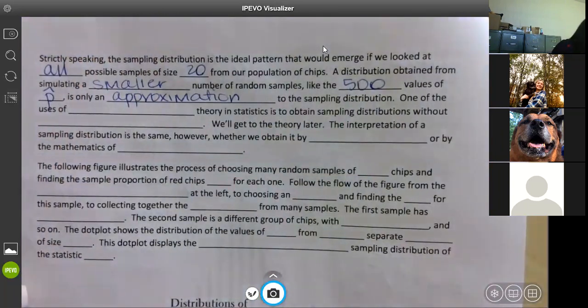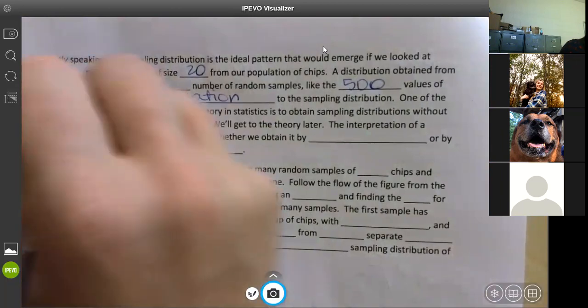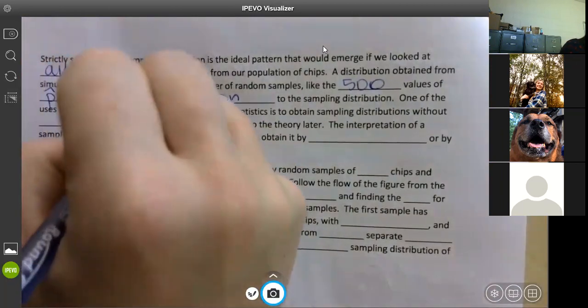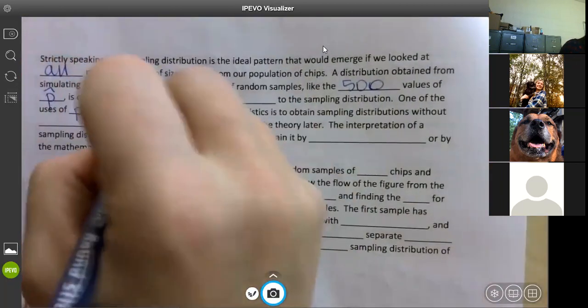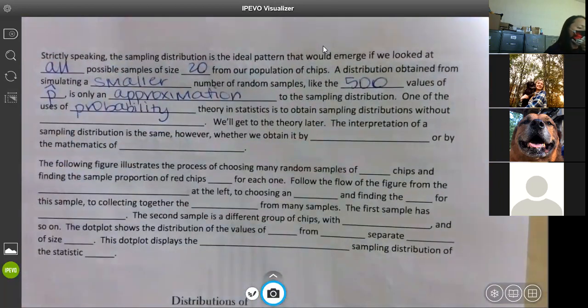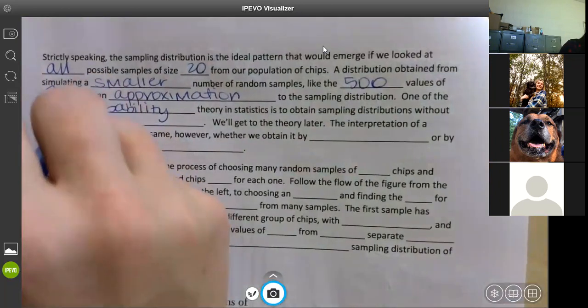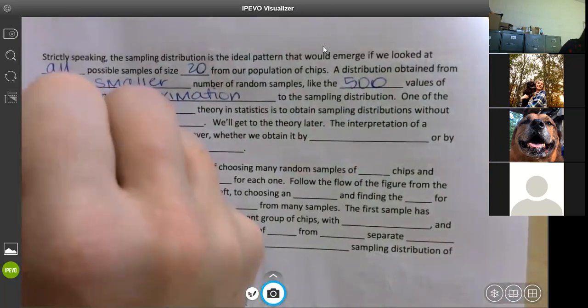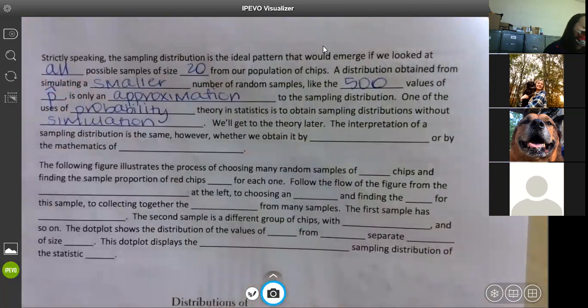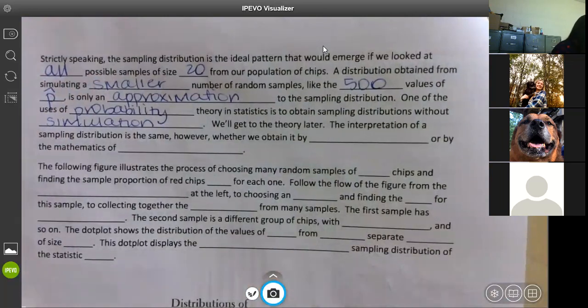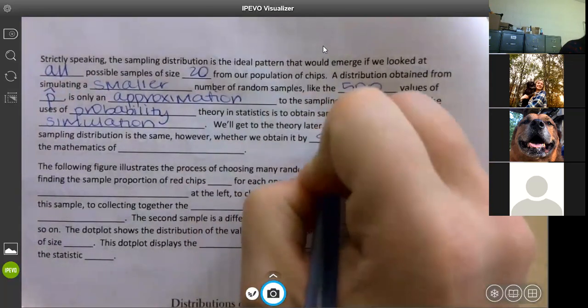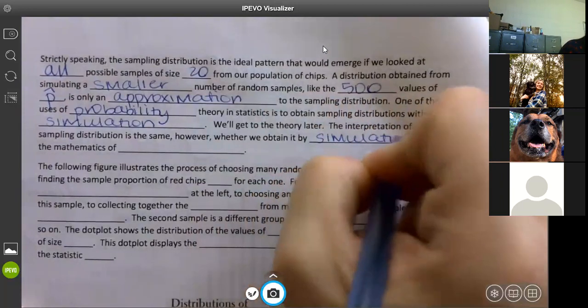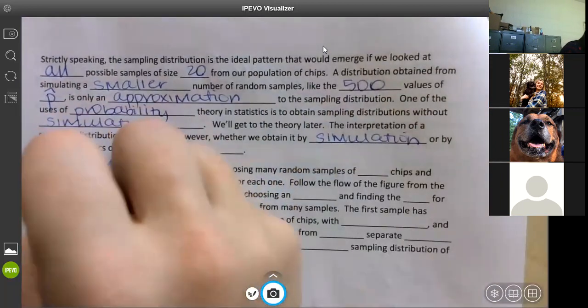One of the uses of probability theory in statistics is to obtain sampling distributions without simulation. We'll get to that theory a little bit later. The interpretation of a sampling distribution is the same, however, whether we obtain it by simulation or by the mathematics of probability.